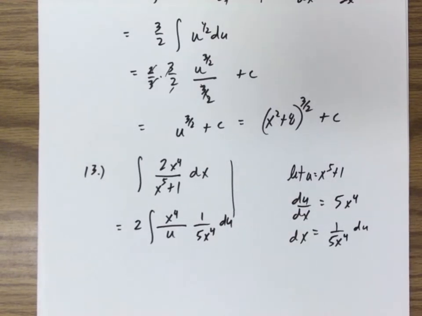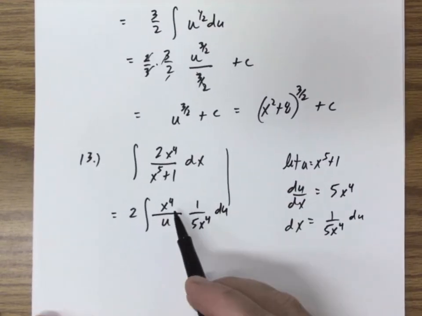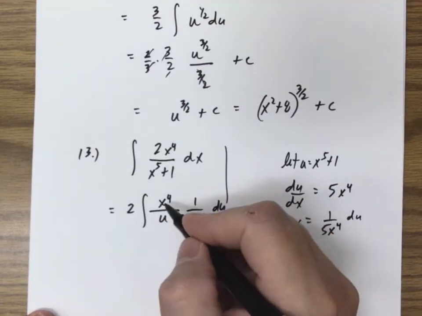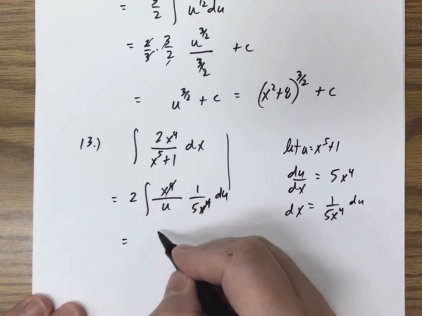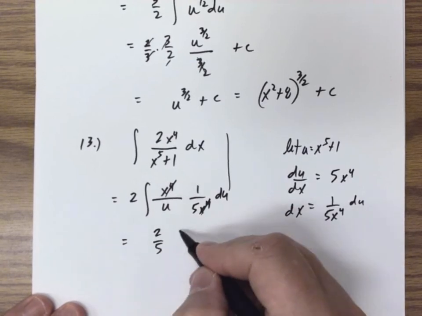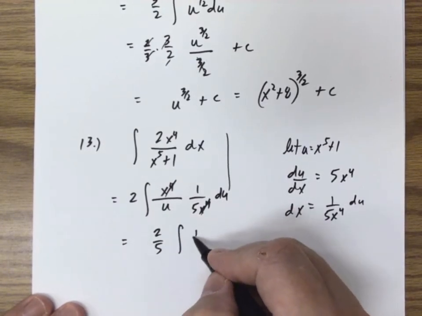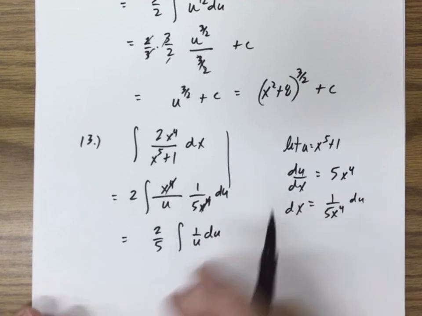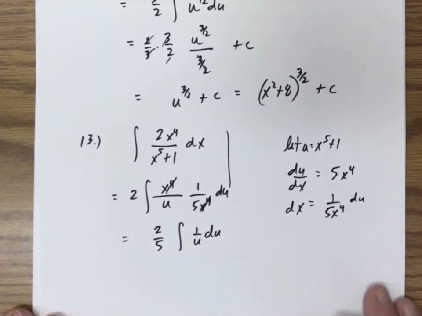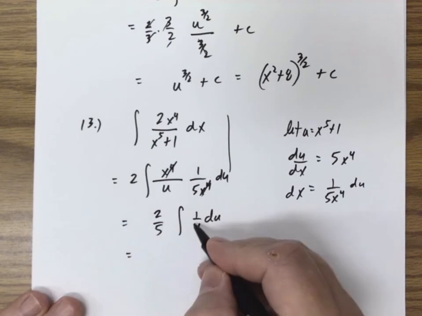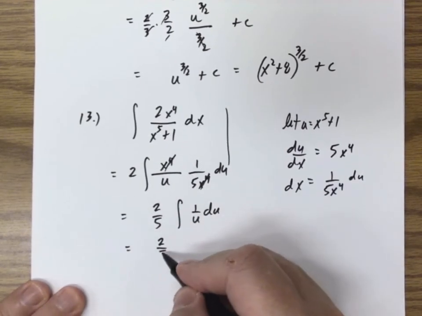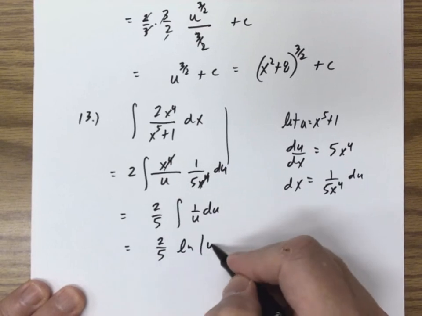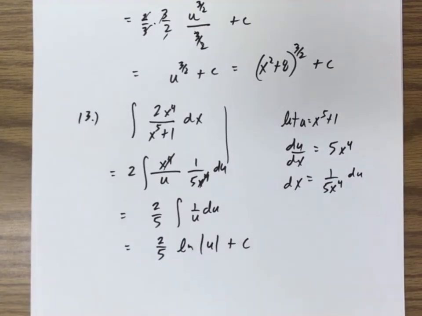Now the nice thing is when this substitution works, even though you have x's, they need to cancel out, which they do. Bring the 5 out front. Hope you recognize the integral of 1 over u. It's not the power rule. It's that special case where it's the natural log of the absolute value of u.